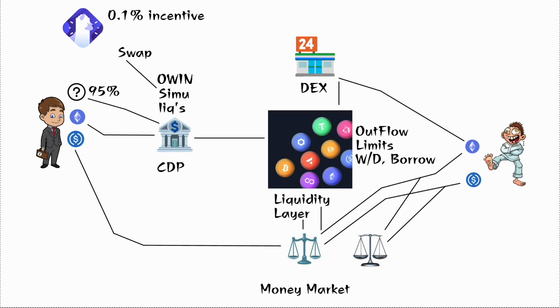So Boots the Bill is going to take part in this, and he's going to take some form of collateral, in this case ETH. He's going to send it into the DEX, and then that goes into the liquidity layer, and again that ETH is in there for someone else to borrow through the money market.